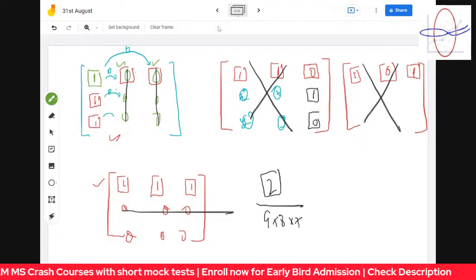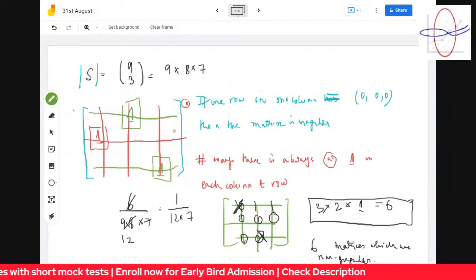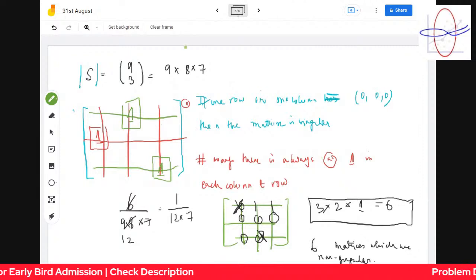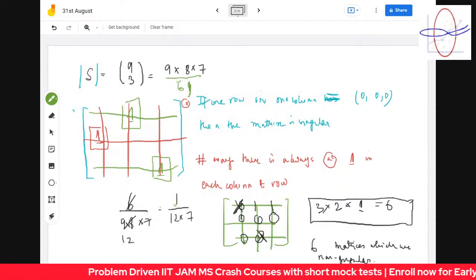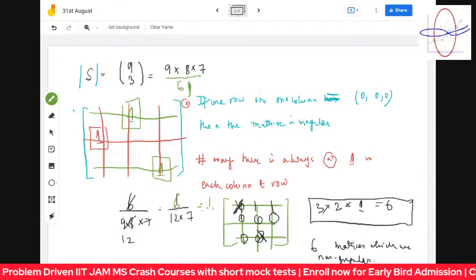Okay, I have made another mistake. Here I have counted 9 choose 3 wrong. It's 9 into 8 into 7 by 3 factorial, which is 6. So there is another 6 over here which I had missed, and so it's coming out to be 1 by 14.